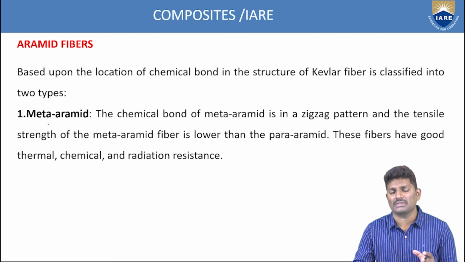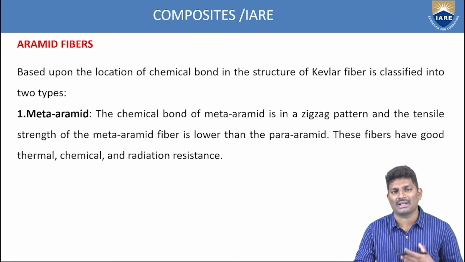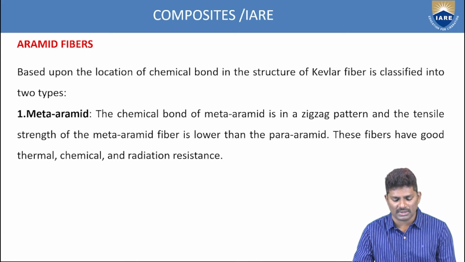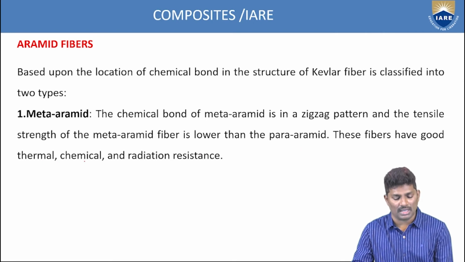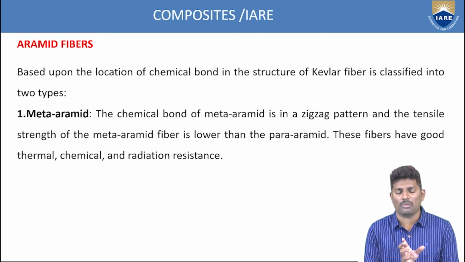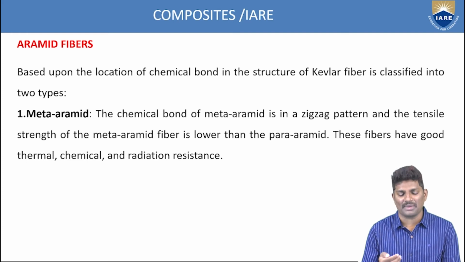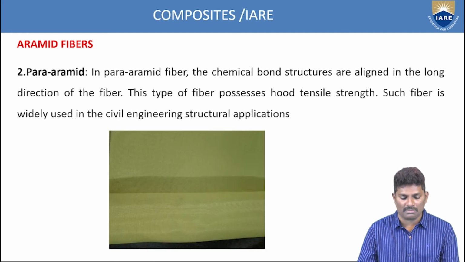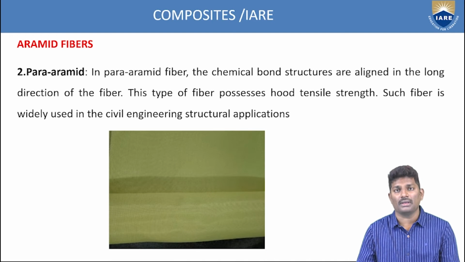Just as glass or carbon fibers are classified based upon application, these Aramid fibers are also classified based upon the properties. The strength of meta Aramid fiber is very low compared to para Aramid, and these fibers have very good thermal, chemical, and radiation resistance.